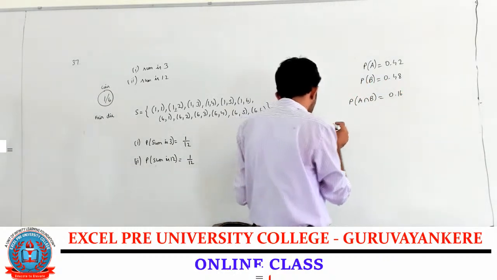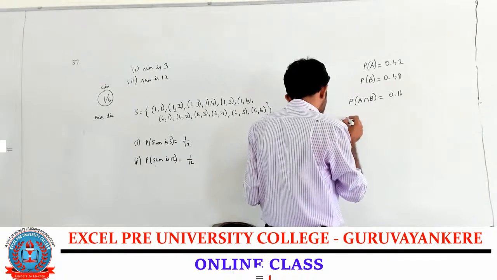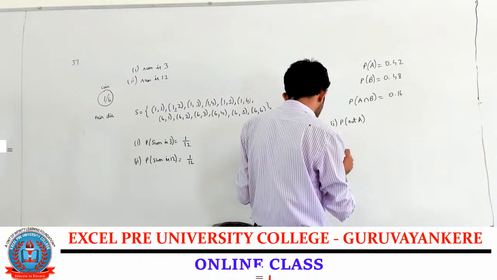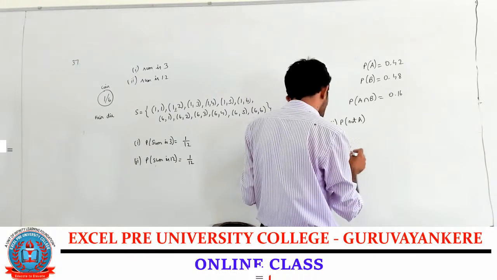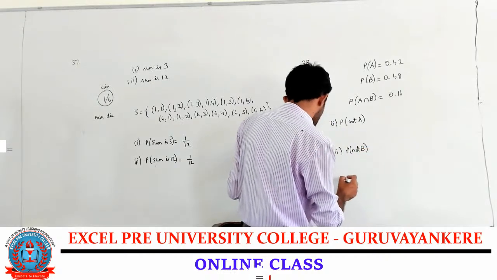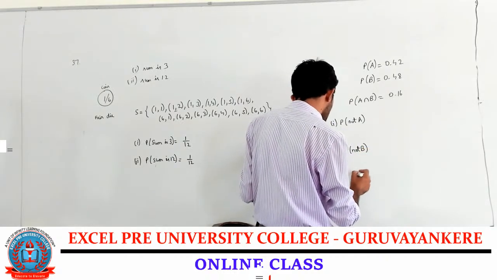Determine: first one, P of not A. Second one, P of not B. Third one, P of A or B.